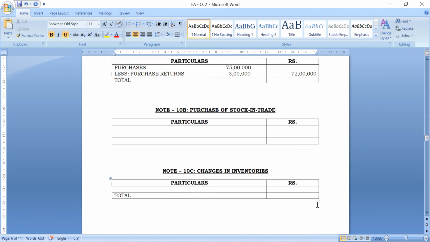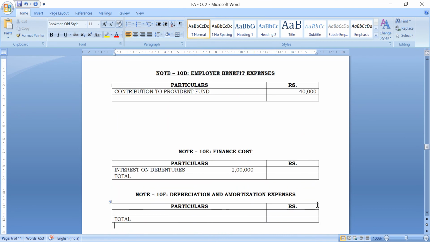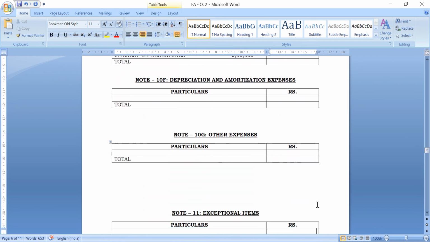So here it will come just below. 10G, other expense. In it we put tax deducted on interest and dividend, and the amount of it is 20,000. 1 lakh minus 80,000, that is 20,000.